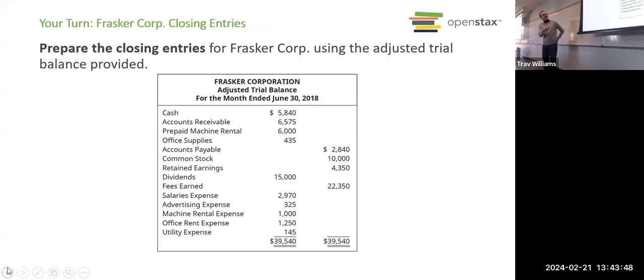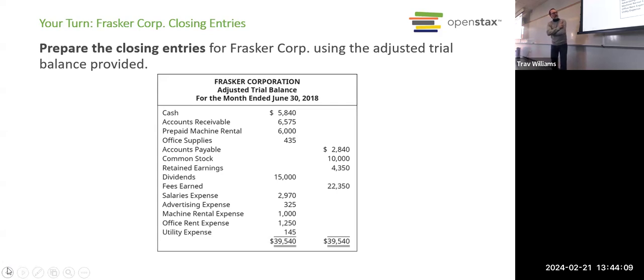If this is our adjusted trial balance, the adjusted trial balance is step 6. After we have this adjusted trial balance, we can make our financial statements, which is step 7, and then we can close out the accounts, step 8. So that's what they're asking us to do.